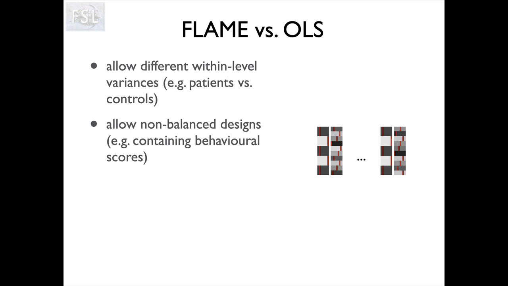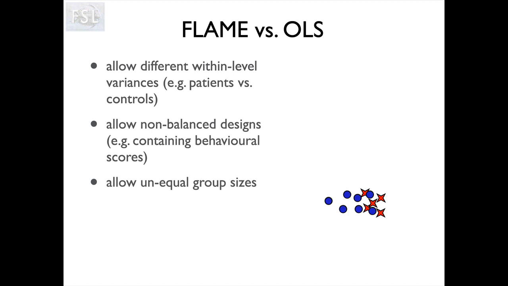So non-balanced designs is a crucial thing that we need. So don't use the OLS option because of that. And also because unequal group sizes are a problem for OLS, whereas for FLAME, everything is fine. You can have different group sizes and that will be taken care of automatically by all of the statistics.